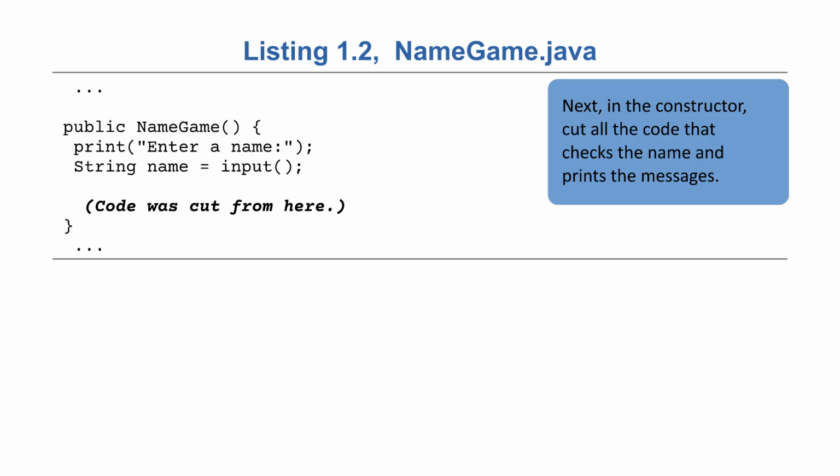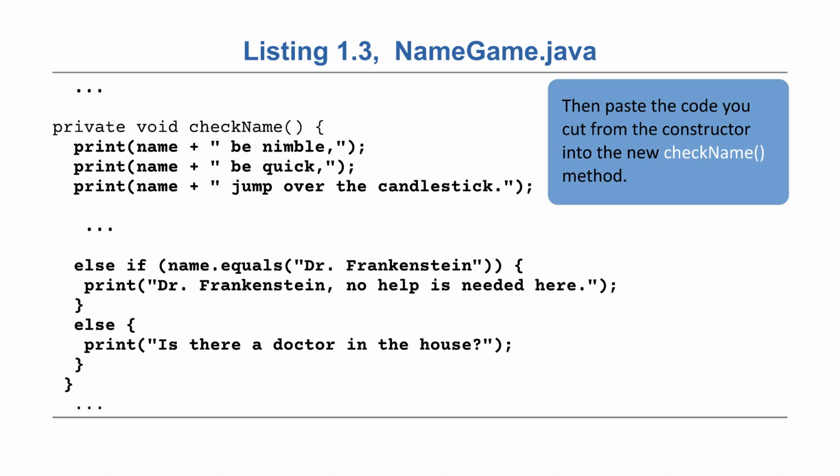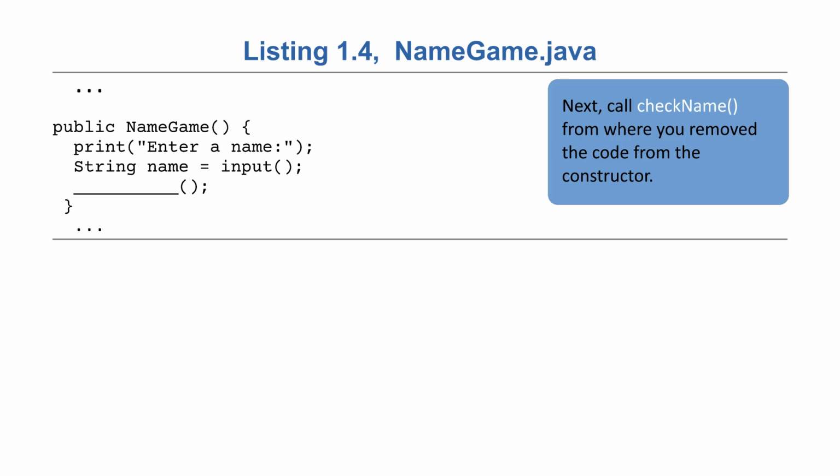Hint: use Ctrl+X to cut the code instead of deleting it. Then paste the code you cut from the constructor into the new checkName method. Hint: use Ctrl+V to paste the code. Next, call checkName from where you removed the code from the constructor.